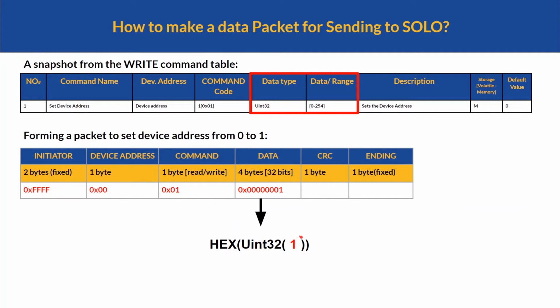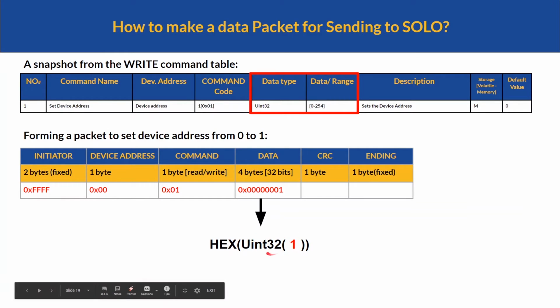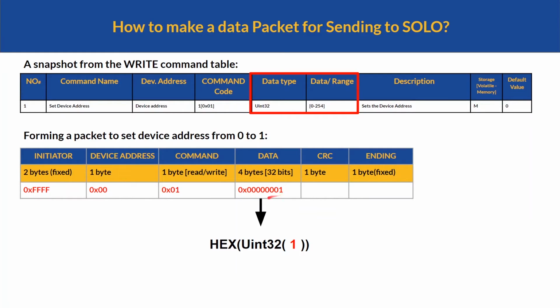You need to convert the 1 from decimal representation into unsigned 32, which is not changing anything, and then convert it back to hex. So the 32 bits hex part of this data part becomes this format. The next part is putting a value in CRC, which is not used in beta model, so I put 0 here. And the last part is the ending bar.